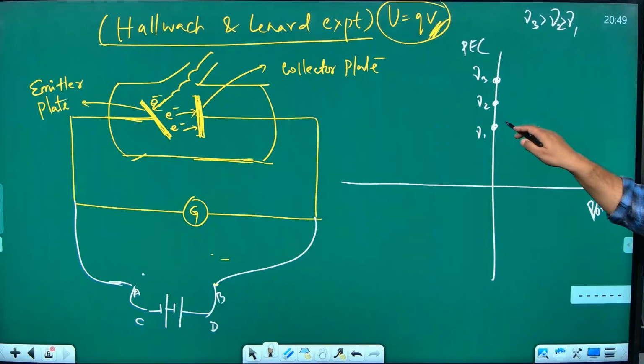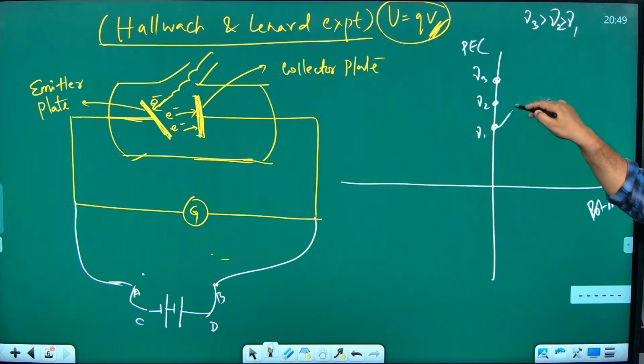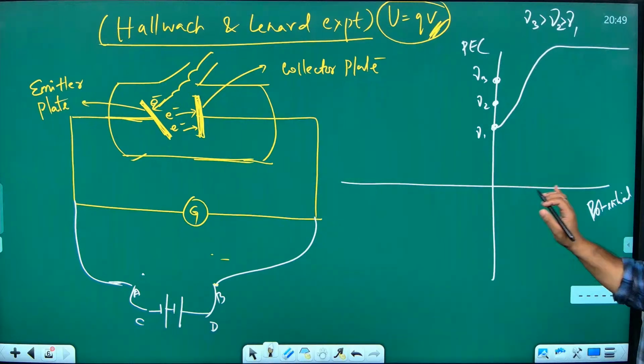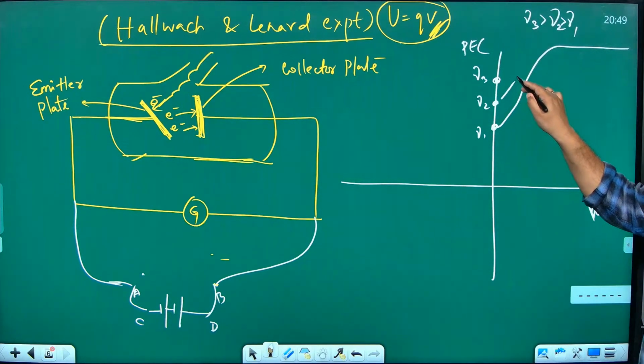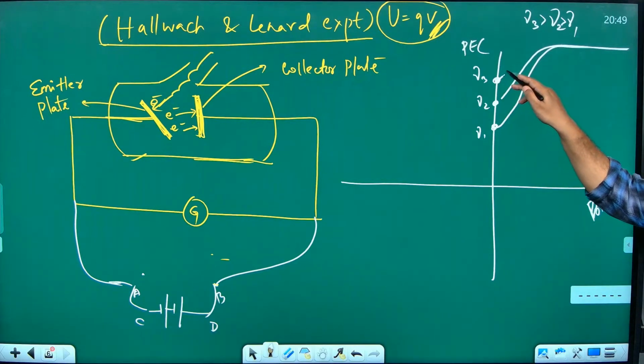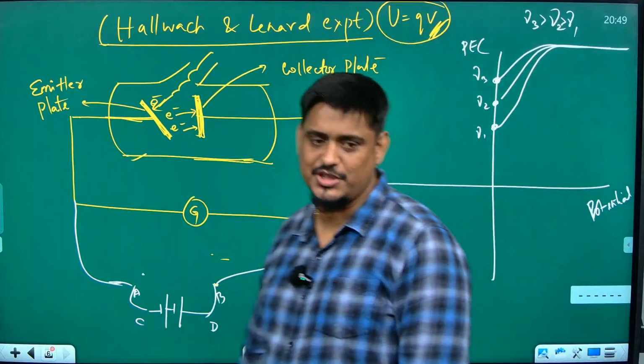So I saw that the current started to increase and attained a saturation value. Same way for the second frequency, when I increased the potential, it attained the same saturation current. Same way, it attained the same saturation current.